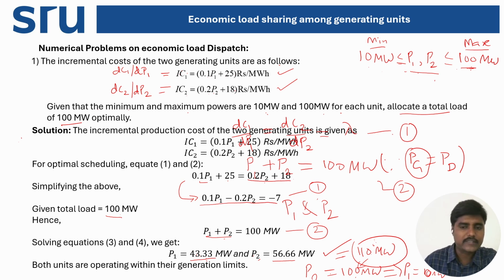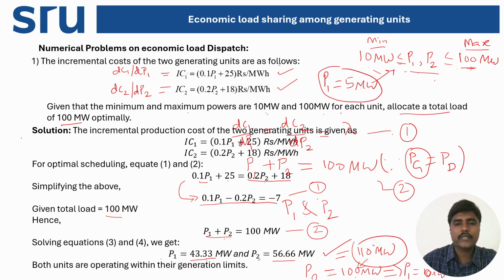Or let me take some other value for your understanding. Let's say, for example, P1 is determined as some 5 megawatt of power. That is nothing but a violation of this condition, because 5 megawatt is lower than the lowest limit.